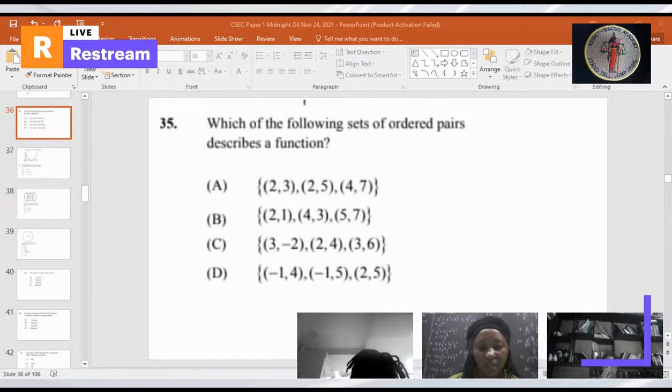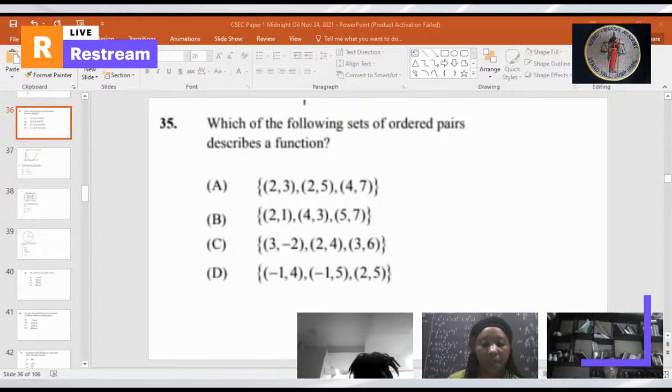If you notice, Dreshan, in A, we have two x values that are going to two different y values. In the first one, the two is going to 3, and in the second, the two is going to 5. You see that? So it will be a one to many, and that can't be a function.